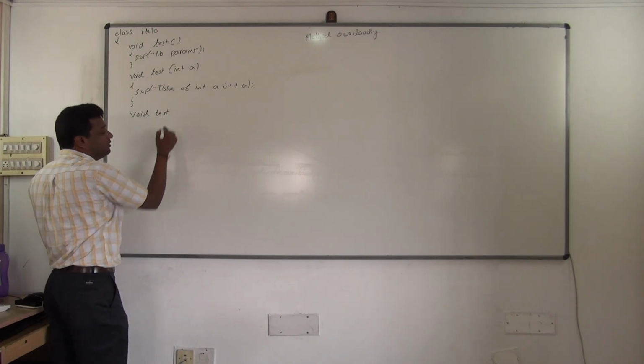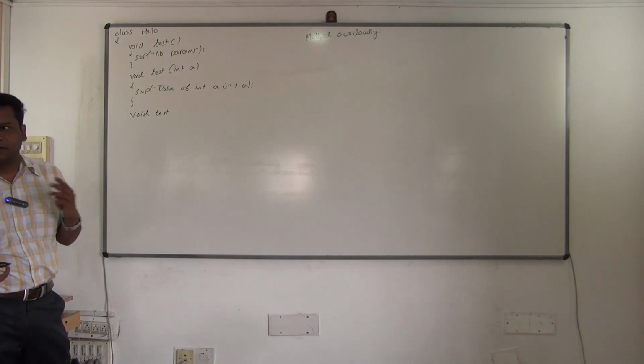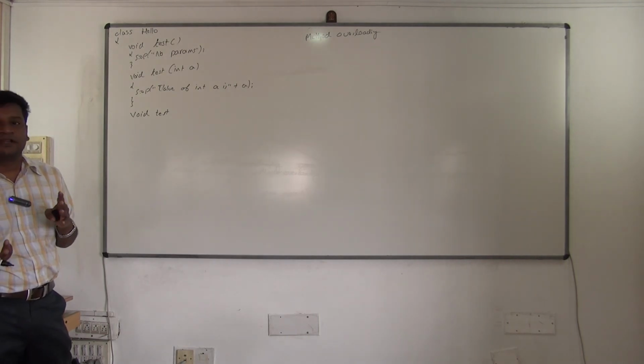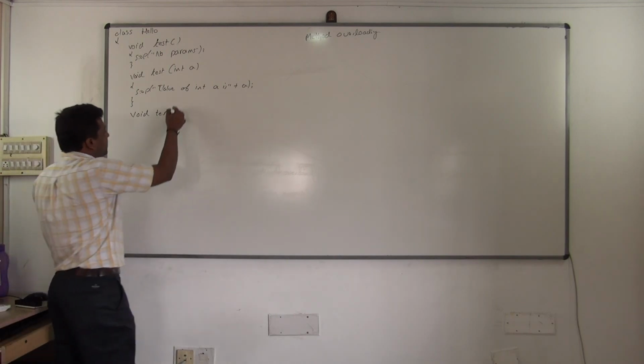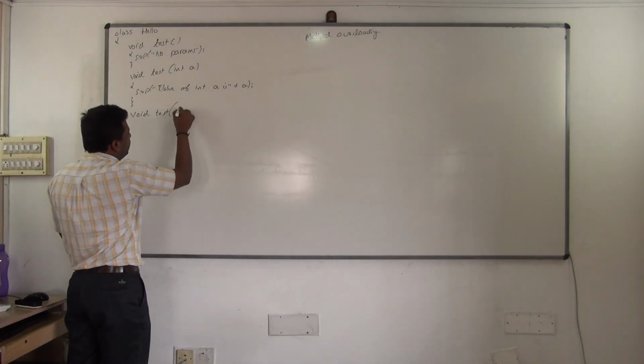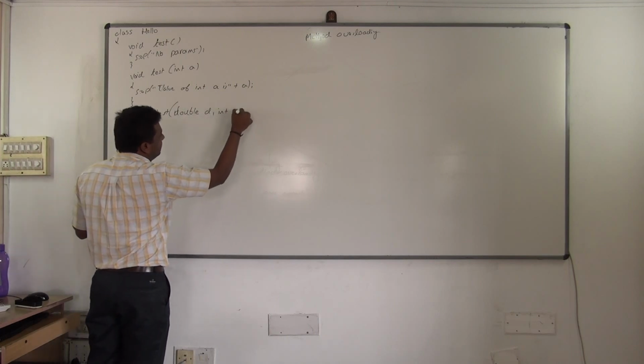Initially you will not understand what's the advantage of this. First I'll complete the example, we'll see the output, then you will understand whether it is beneficial or not. Understood? So void test, I'll write one more method now, double D int a.